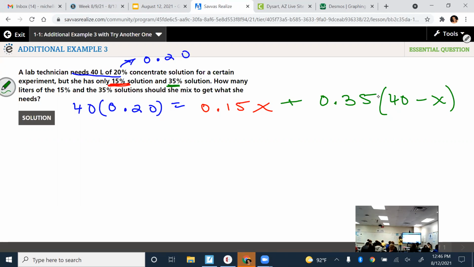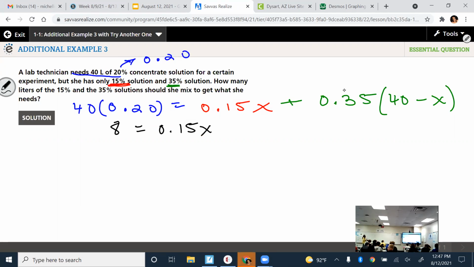What is 40 times 0.2? Just use the calculator. Use Desmos. 8. It is 8. The 0.15x, I'm gonna bring down.